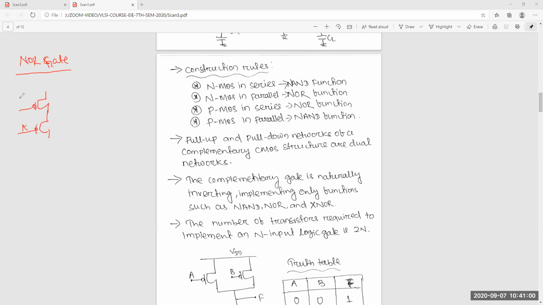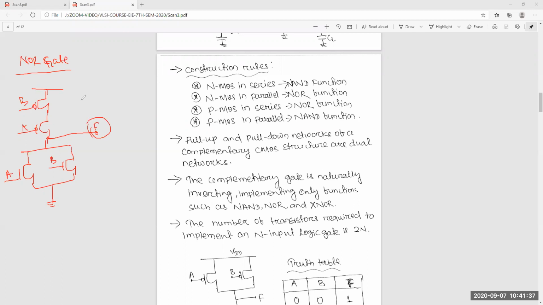This is A, this is B. And for the pull down network, from the output, the NMOSes A and B will be in parallel. So this is your combinational circuit for a NOR gate. So now you understood how you can make a circuit with these rules.